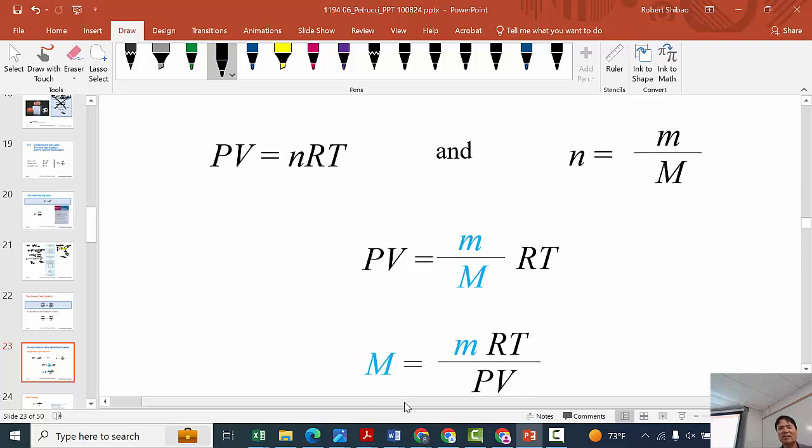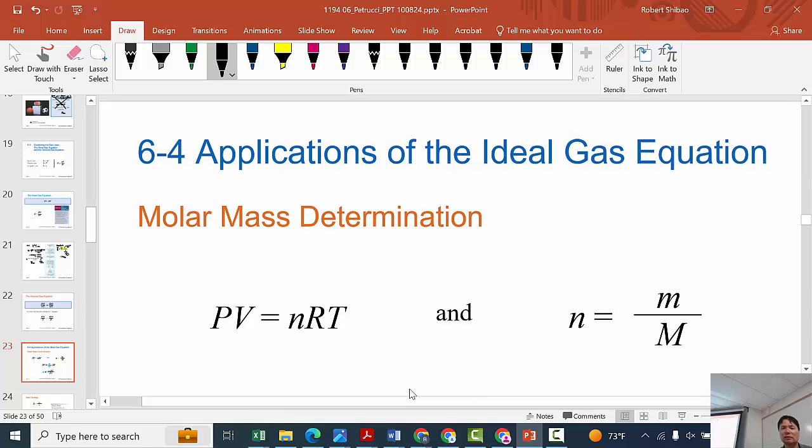I derive the molar mass differently here. I just go, molar mass is equal to, this would be an alternate derivation, the mass over moles. So mass is in grams, n is in moles. So this is grams per mole. And then I know that n is equal to PV over RT.